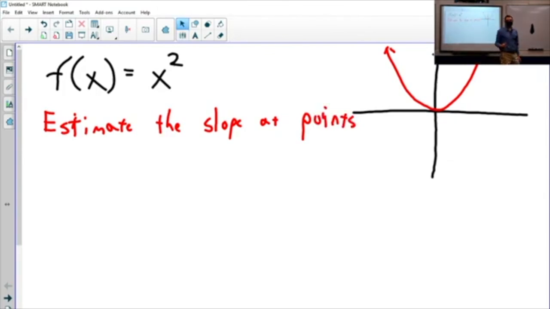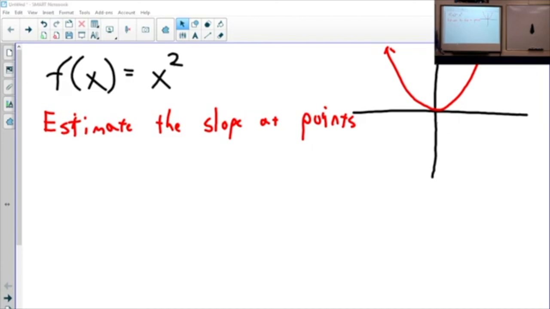A lot of the ideas of calculus are around applying ideas that we have learned about straight lines, like finding slope or finding area, and applying them to functions that have curves to them, where something like the slope is constantly changing.